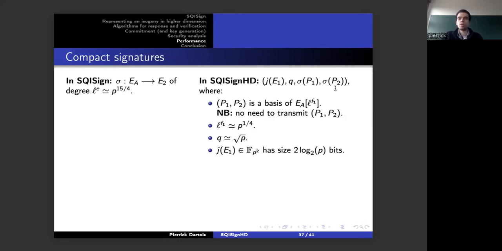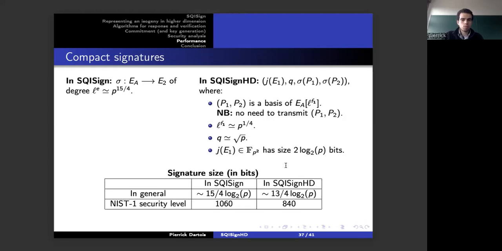Since we optimized the representation of those points and also the torsion that we needed, what we get when we sum up the sizes is a signature of size 13/4 log p in SQISignHD, whereas we had an asymptotic size of 15/4 log p in SQISign. So for the NIST1 security level, for instance, we are 20% more compact in SQISignHD than in SQISign.